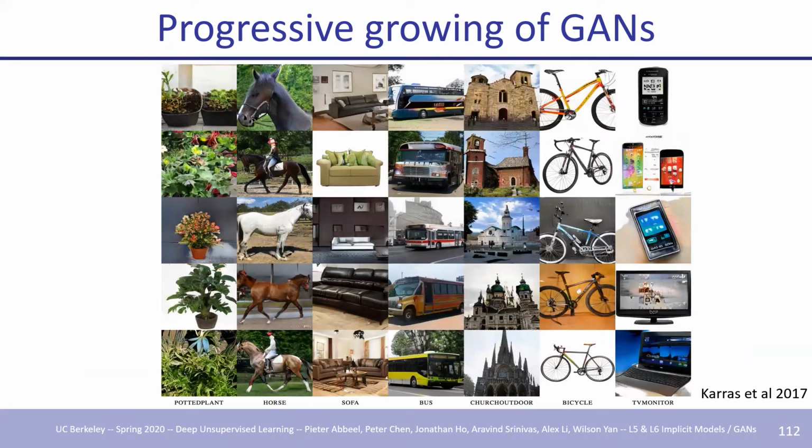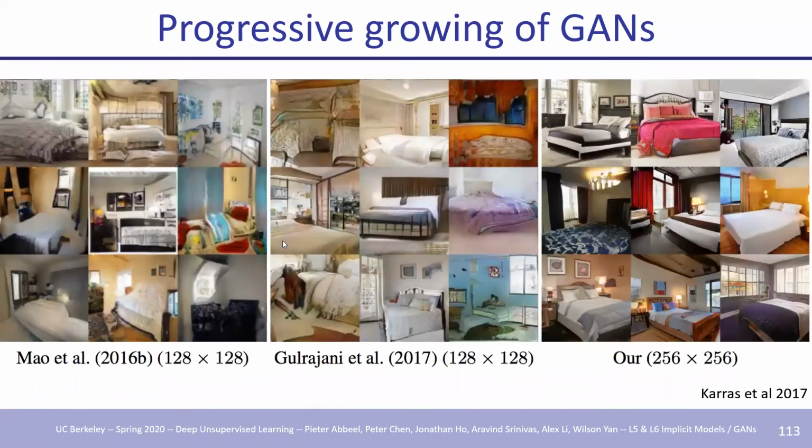These are some of the examples of the things they generated. Also different types of bicycles, different types of TV monitors, and higher quality bedroom sets.